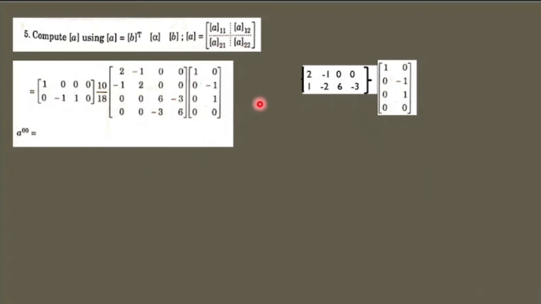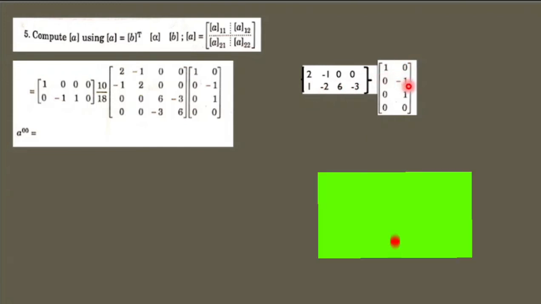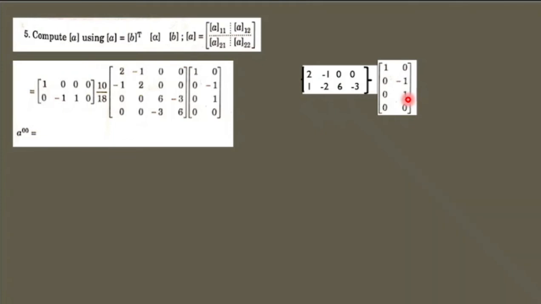At the second row, 1 into 1 will be 1, the rest of the things will be 0 and 1 into 0 is 0, minus 2 into minus 1 will be plus 2 and 6 into 1 will be 6. So, plus 2 plus 6 will be 8. So, your answer will be 8. So, 3 into 0. Your answer will be 10 by 18, 2, 1, 1, 8.